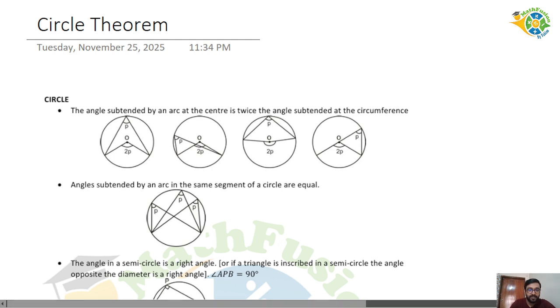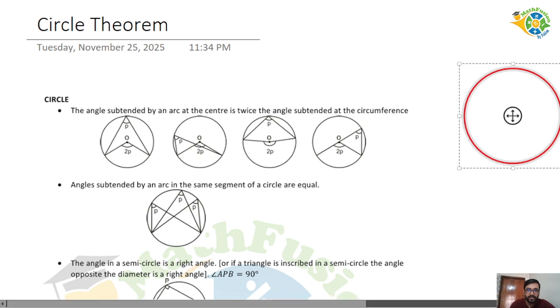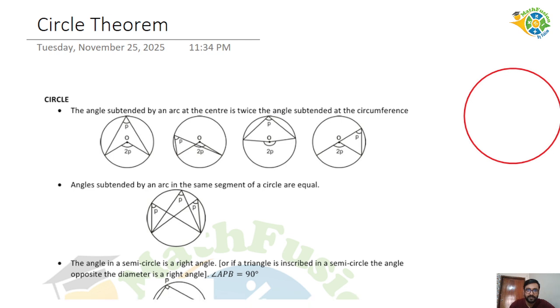So the first theorem is: the angle subtended by an arc at the center is twice the angle subtended at the circumference. Okay? So if we take a circle here and try to understand what is angle at center and angle at circumference.